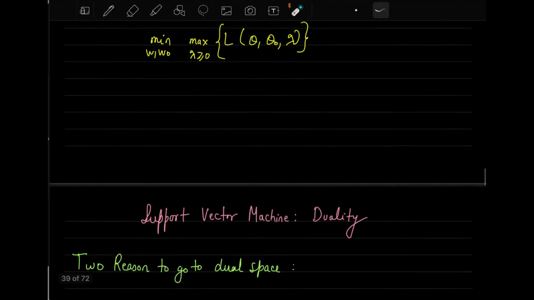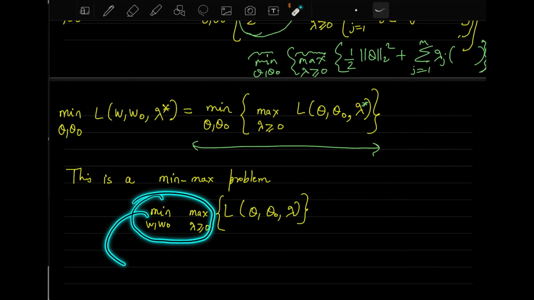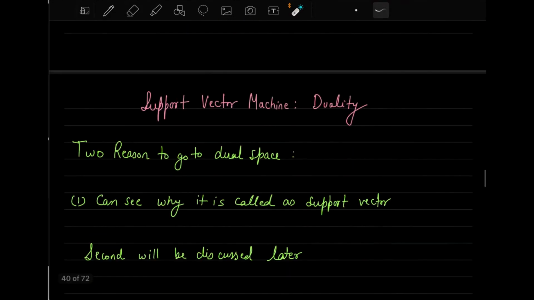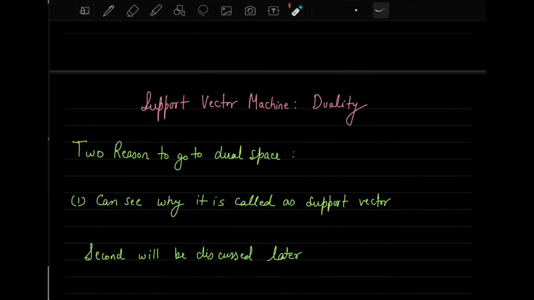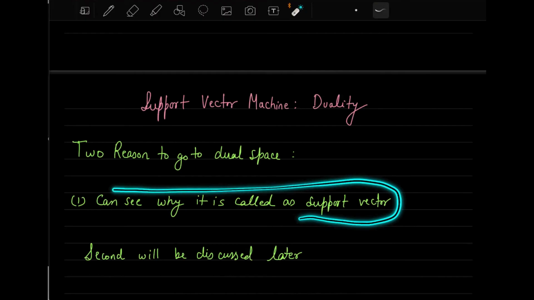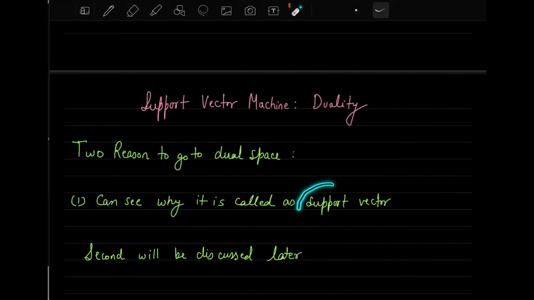If you are in the primal space, which is given over here, then in this min max problem situation you are not able to understand that. So we have to convert it into dual space. The second objective of going to the dual space will be discussed later. But right now our focus is on this particular point, that is why we are calling them support vector machines. What is this support vector? That is what we want to see now.